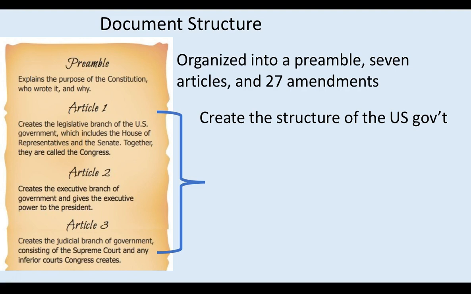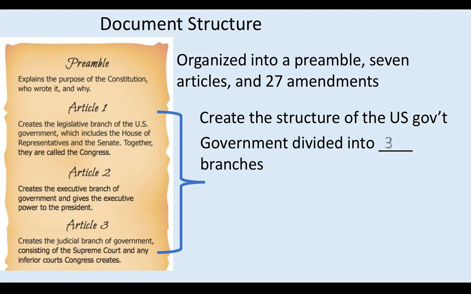Ultimately, though, as you can see, Article 1, 2, and 3 really do, as we said, set up the structure of the government. And that government is divided into 3 branches: the legislative, the executive, and the judicial branch.